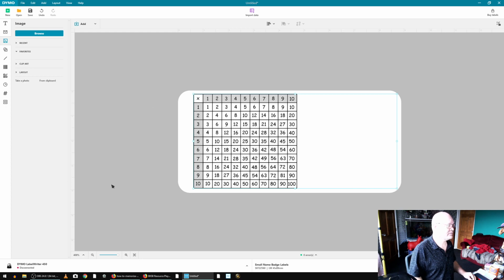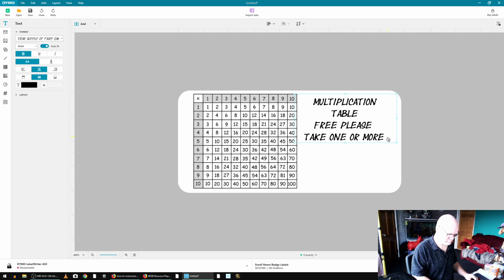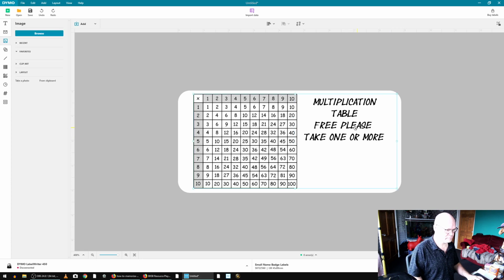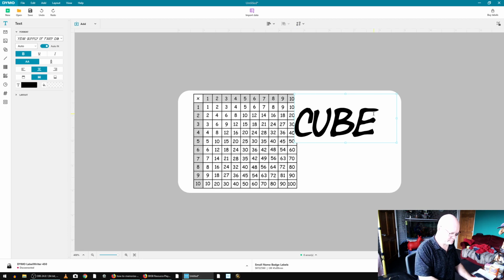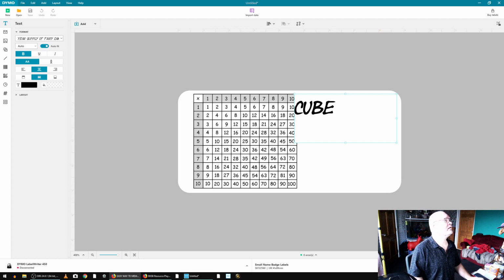And let's add in there and put cube numbers list.